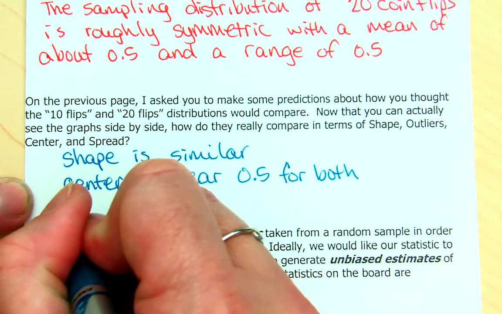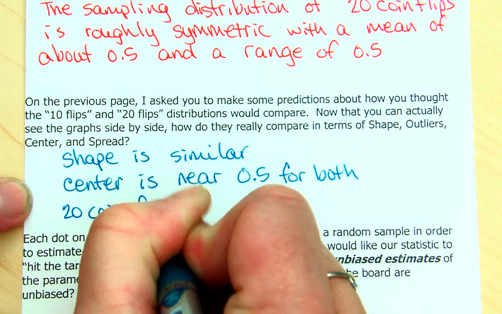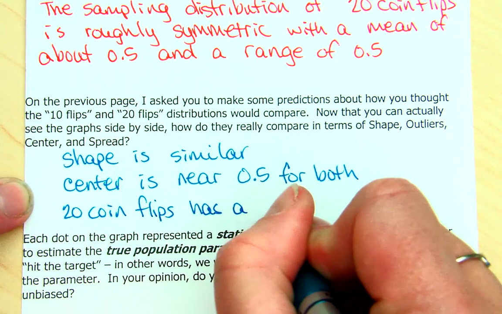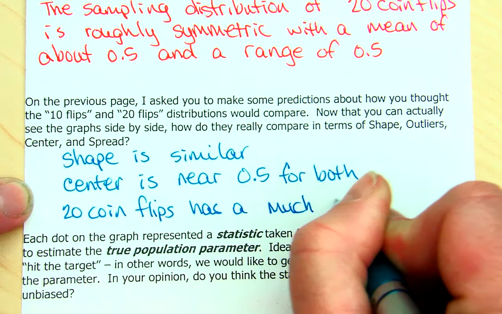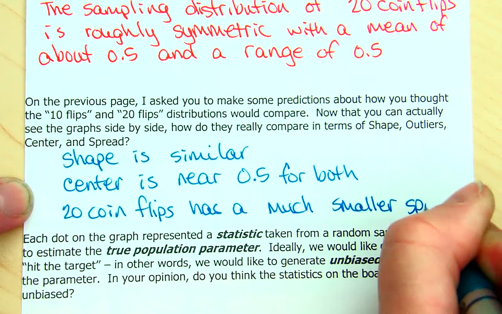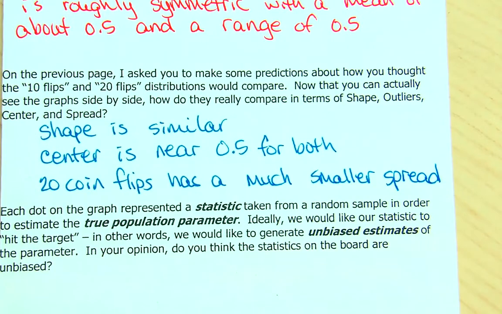So 20 coin flips has a much smaller spread. If we made the number of coin flips in each sample even larger, if we did 50 in each one, you would see it decrease even more. If we did 100 coin flips in each one, it would be really narrow.